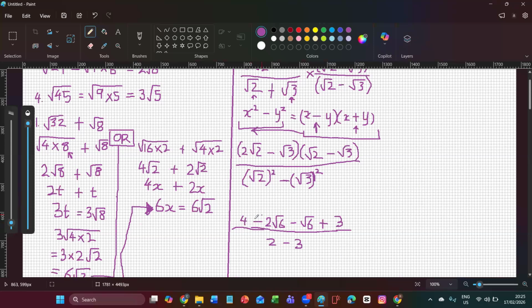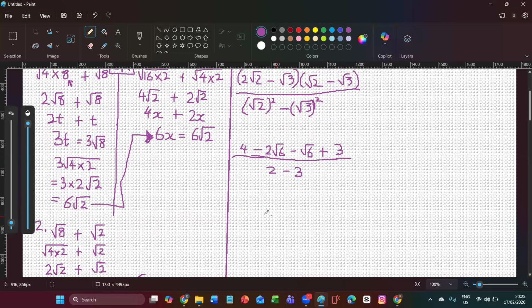Okay. So, can you see what's happening in the middle? Yes. Minus 2 root 6 minus root 2. What do you think that will give you? If you think about the root 6 as x, just imagine that root 6 is x.